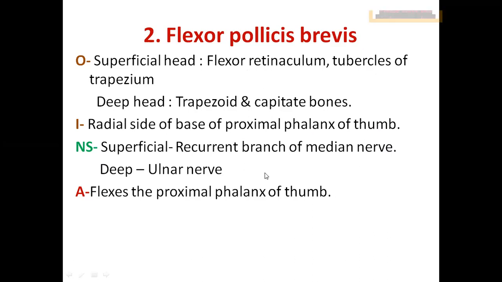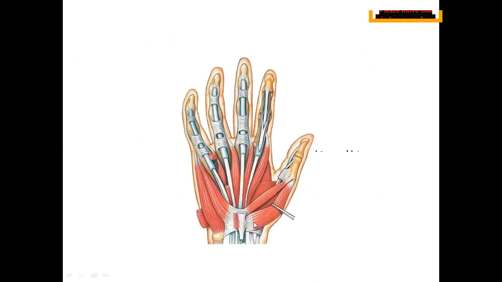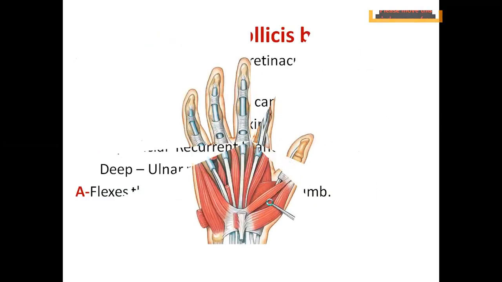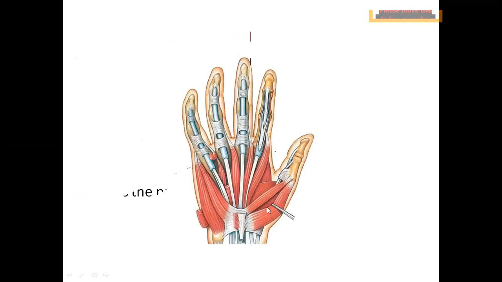Here, flexor pollicis brevis superficial head is supplied by the recurrent branch of the median nerve and the deep head by the ulnar nerve. Then the action: what is the name of the muscle? Flexor. That's how it is flexing the proximal phalanx of the thumb. This is the flexor pollicis brevis muscle, the second muscle we have.